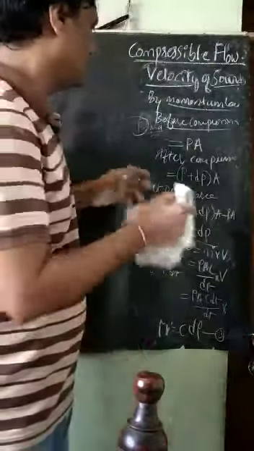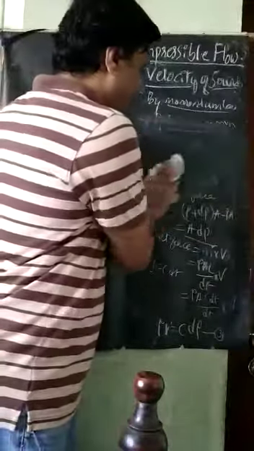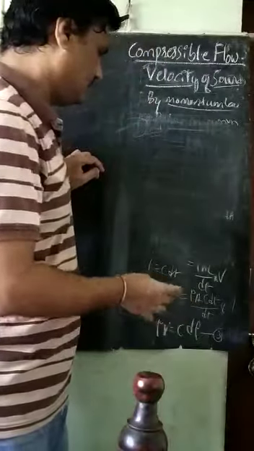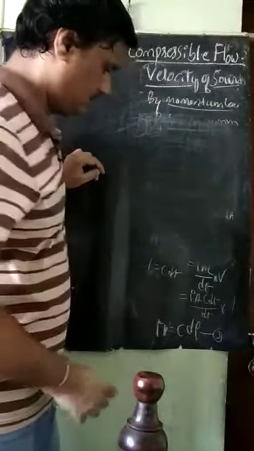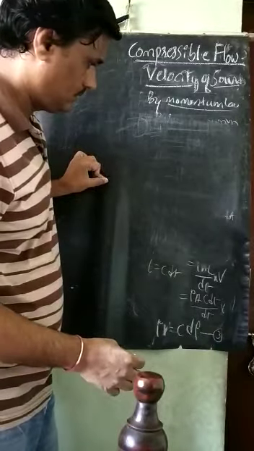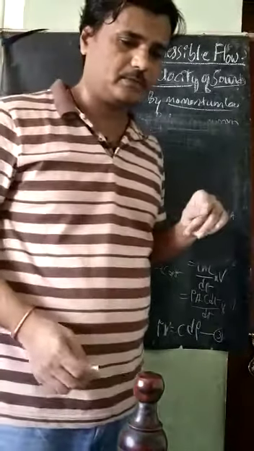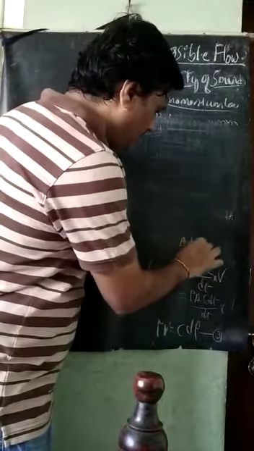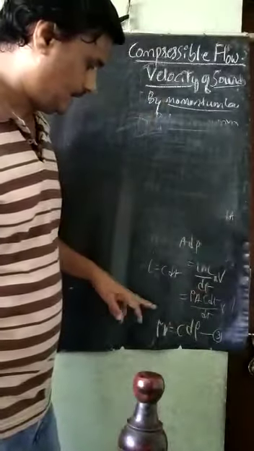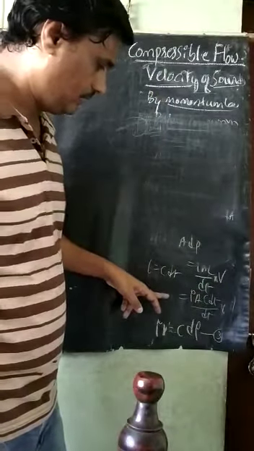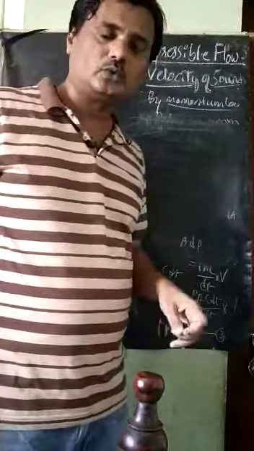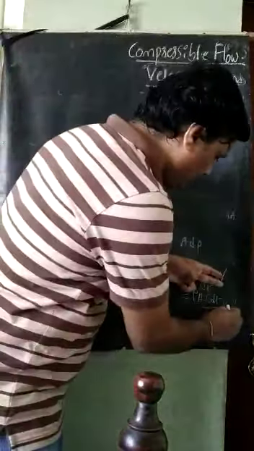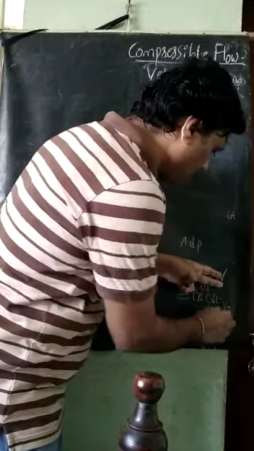So next what happens here? See here. The pressure force is A into dP, which we have already derived. And this velocity is the change of velocity, v minus 0, so V only.